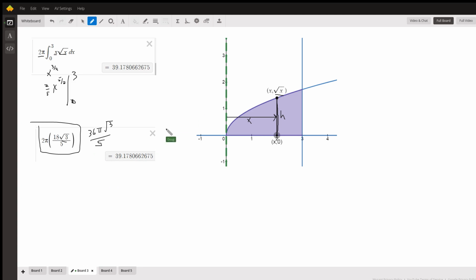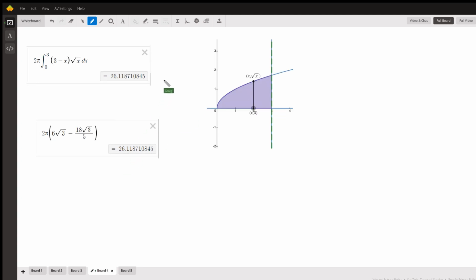Okay. Now, the only thing that changes for the other two problems is the axis of revolution being moved from here over to here. That means the average radius, an algebraic expression for this distance, is the x coordinate at the right, which is, in this case, 3, minus the x coordinate at the left, which is x for a typical shell.